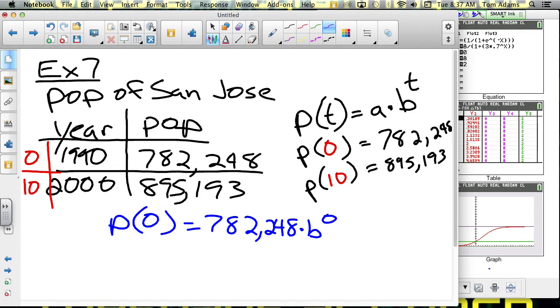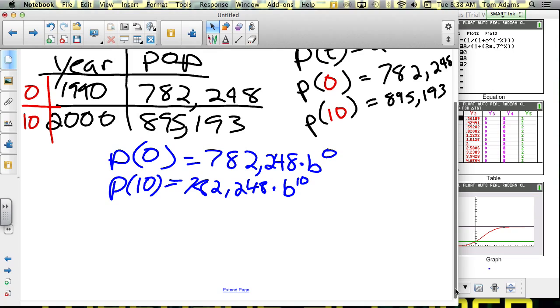If I consider that the initial condition, right? Now, another thing I could consider is that P of 10 should be this initial condition, 782,248, times b raised to the 10. You guys with me so far? We're almost done. Does that make sense?